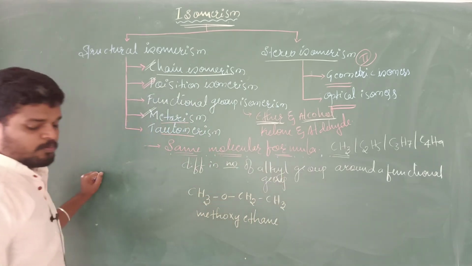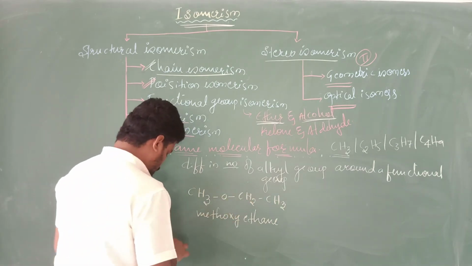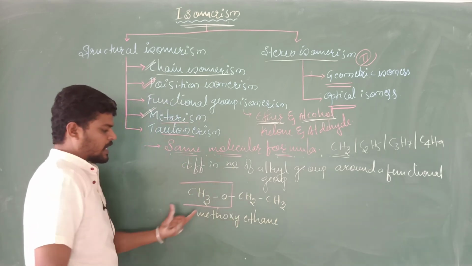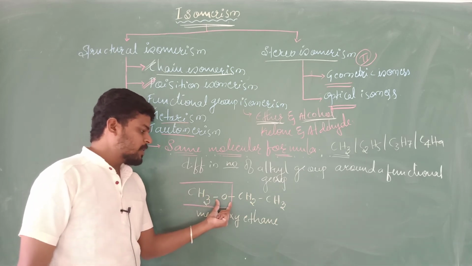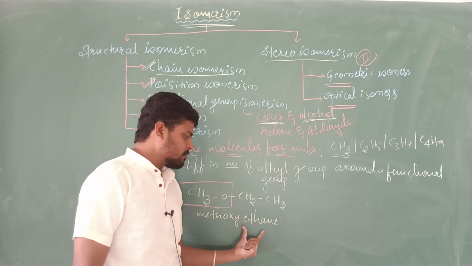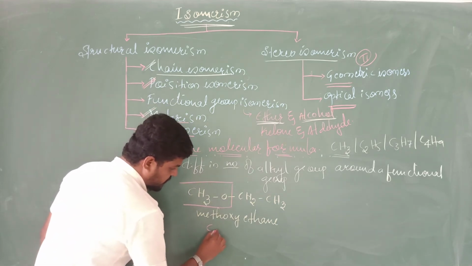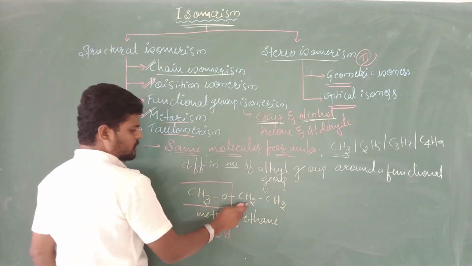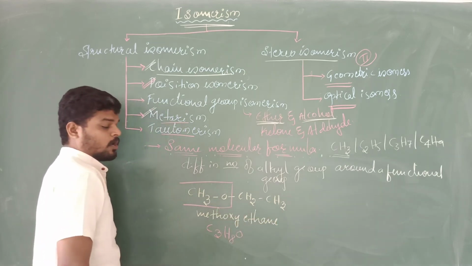We split it into two parts: one part is the methane group with the oxygen, which we call methoxy, and the two carbon atoms are ethane. Taking the molecule, 3 carbon atoms, 3 plus 3 is 6, 6 plus 2 is 8 hydrogen atoms, and 1 oxygen atom.